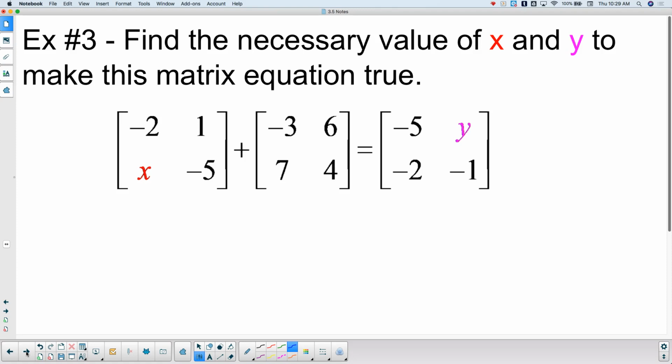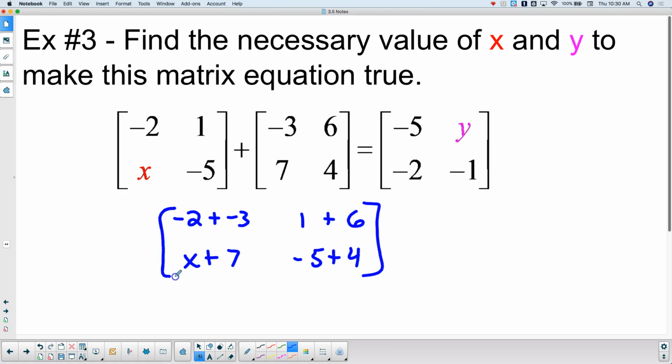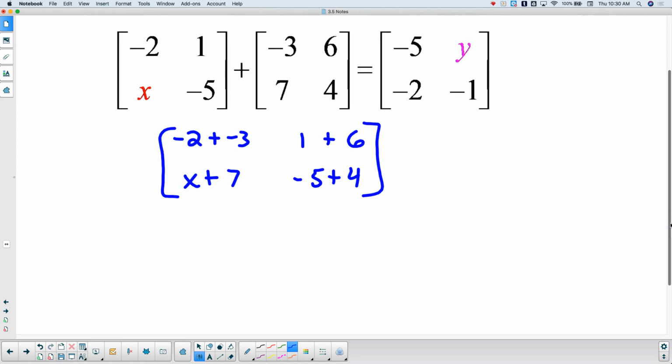So you could say that this is negative 2 plus negative 3, 1 plus 6, x plus 7, and negative 5 plus 4. And then that simplifies to be negative 5, 7, x plus 7, and negative 1.